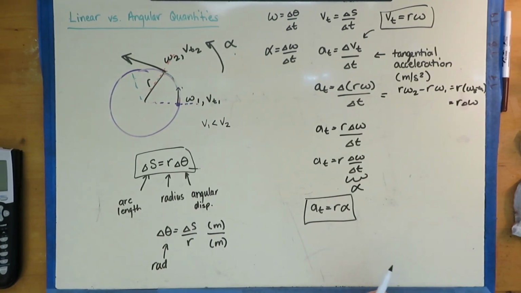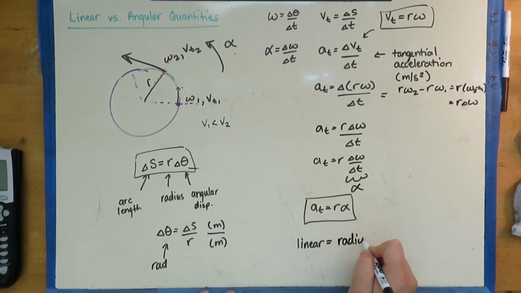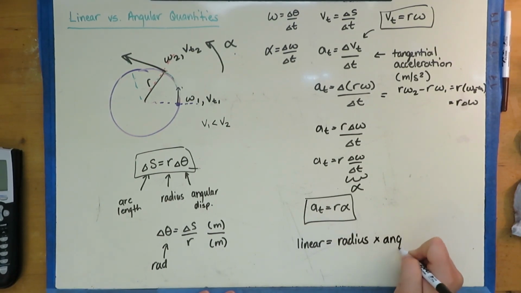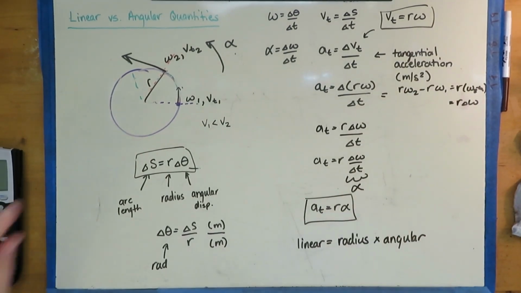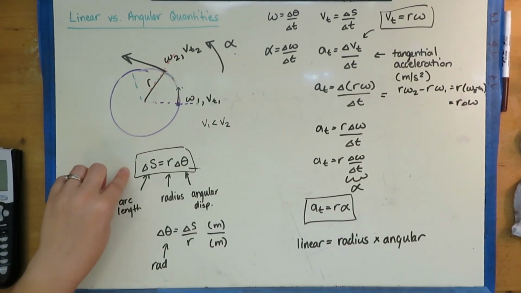And that is the general trend. I have a linear quantity, and it's going to equal radius times my angular quantity in general. So I get VT is R omega, I get AT is R alpha, I get delta S is R delta theta.